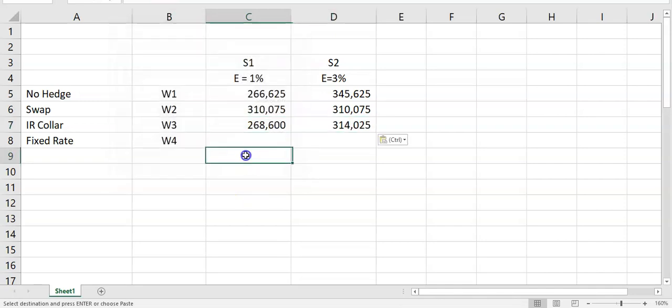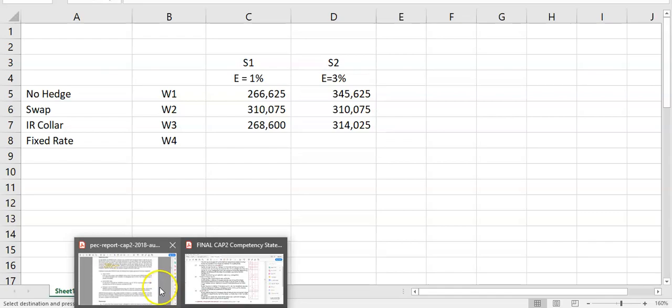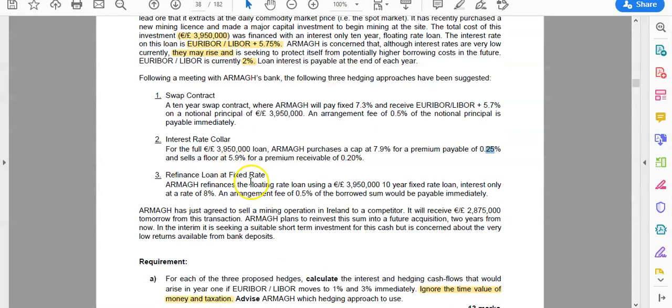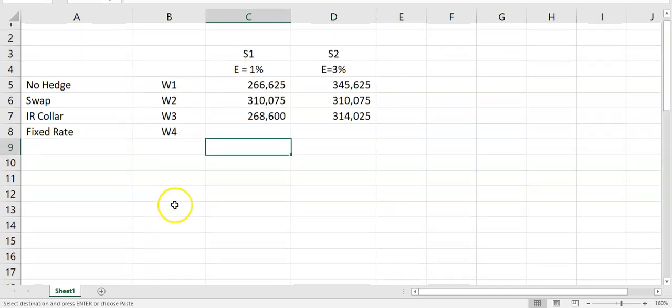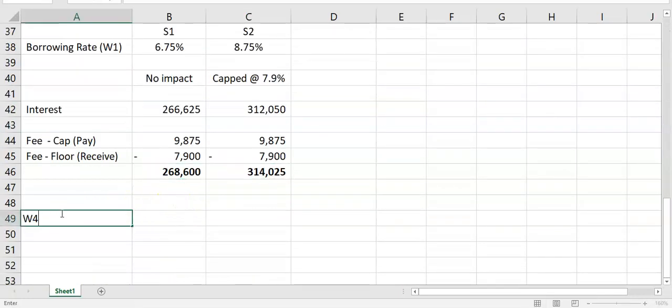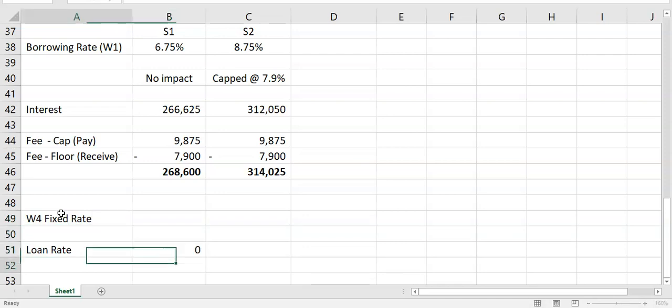And the last one then is a fixed rate, a rather simple method if available, where you say you're going to refinance the loan rate at 3950, fixed rate of 8%, and arrangement fee of 0.5%. So effectively for working for your fixed rate, it's going to be the loan rate, which is 8%.